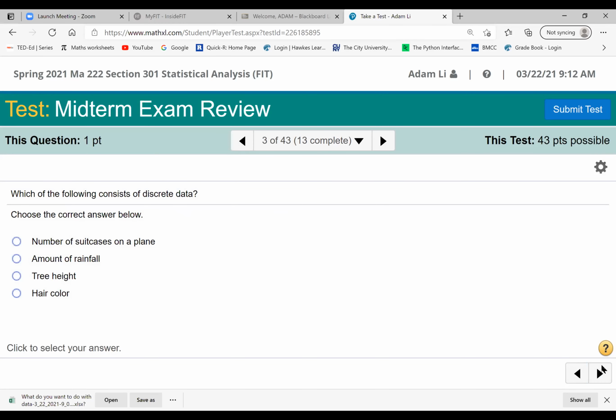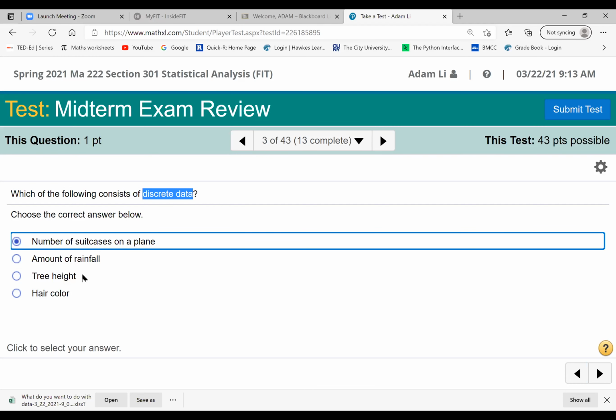Which of the following consists of discrete data? Discrete data is numerical data that is finite and countable. So here, the only thing that satisfies that is the number of suitcases on the airplane, right? The amount of rainfall is what we call a continuous random variable.